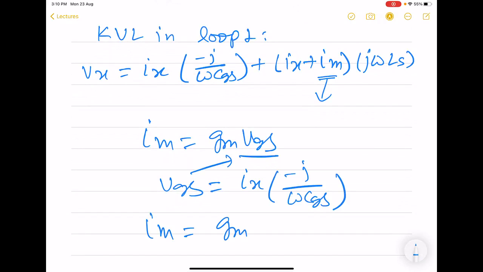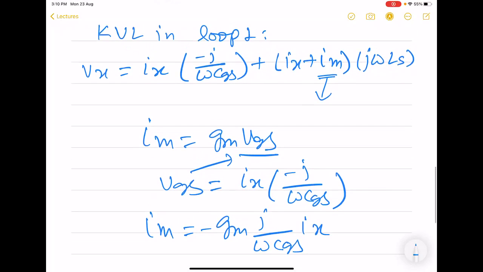So that gives rise to Im is equal to gm into minus j by omega CGS into Ix. So we can substitute this in equation 1.